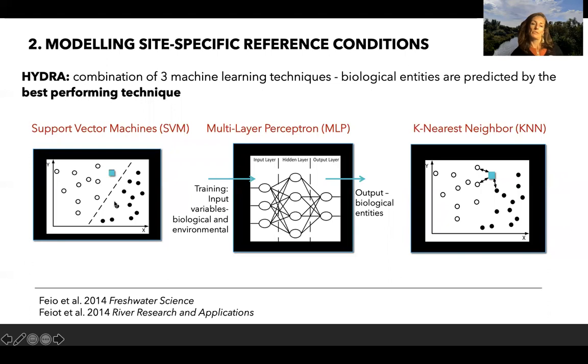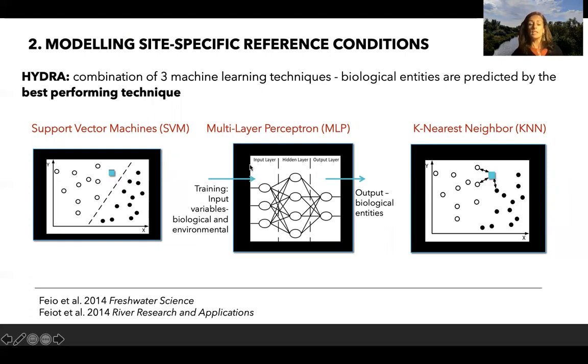In the support vector machines, the similarity of a site, the environmental similarity with other reference sites, in this case the reference sites that are closest in terms of environmental characteristics to our test site, independently of which river type or which group it would be.